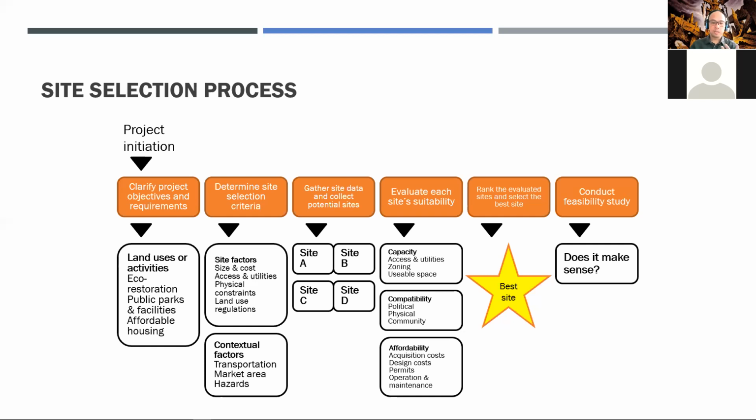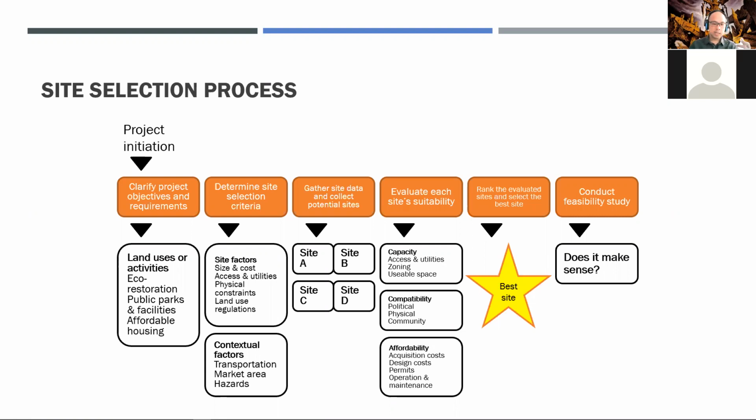Now, this process addresses three crucial issues. Capacity. Does the site provide adequate physical conditions for the project? Compatibility. Is the proposed project compatible with the surroundings? And third, affordability. Do the project's benefits outweigh its costs?